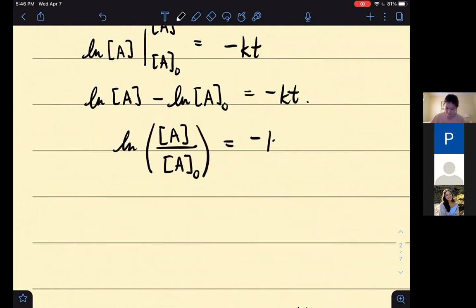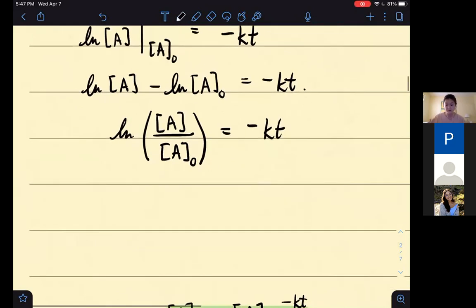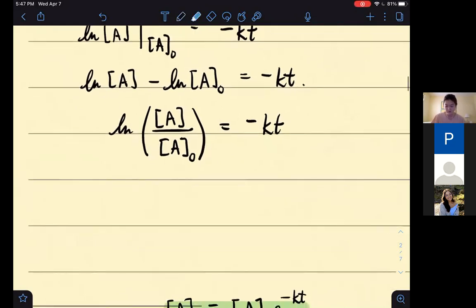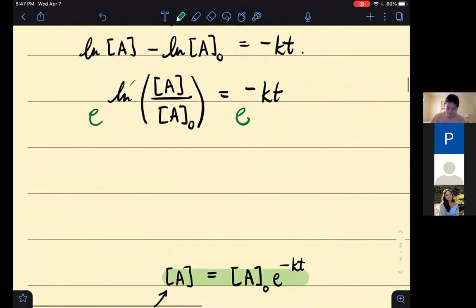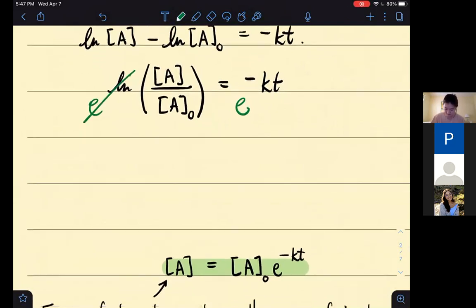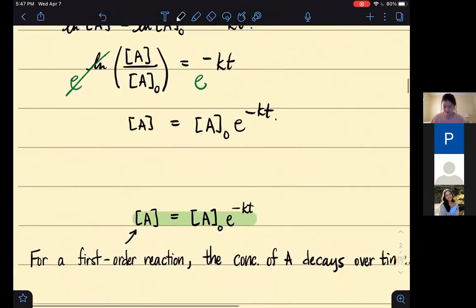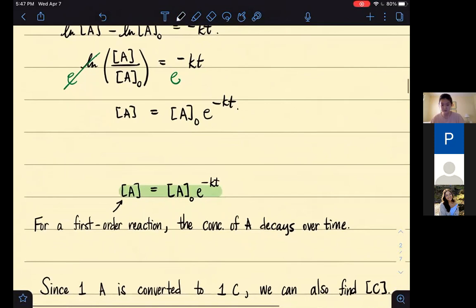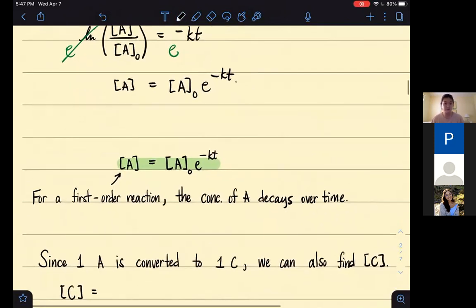And then since we want to find the actual function, the concentration, we should isolate the concentration of A. We do this by exponentiating, so the logs cancel out. Then we would get the concentration of A is equal to, moving the initial concentration over, A0 times e to the minus kt. So this is different from the zero order reaction because here the concentration decreases exponentially over time.